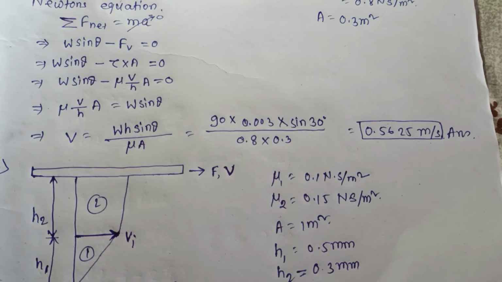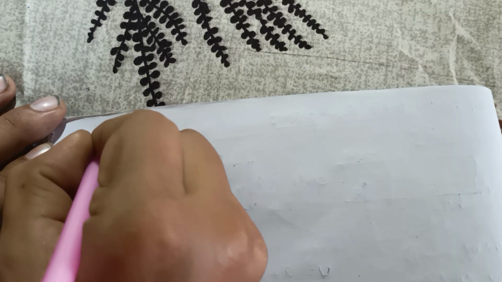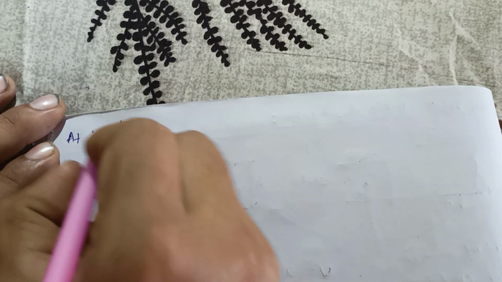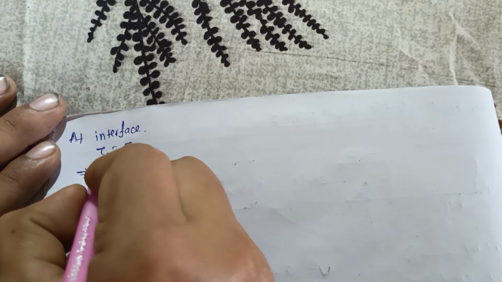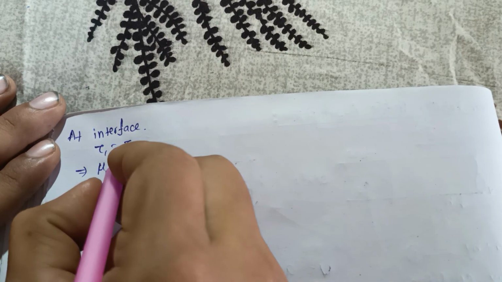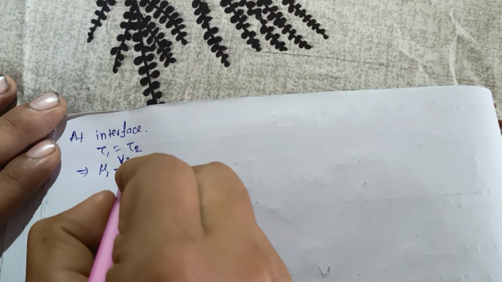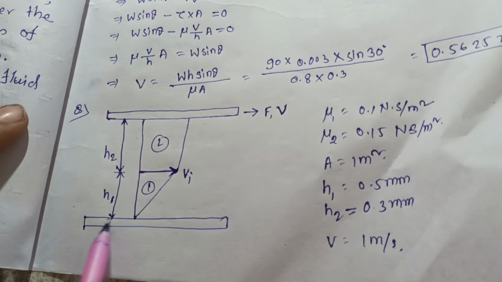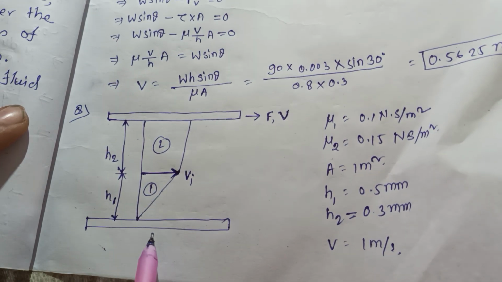Now let's calculate this. At the interface we can write tau 1 is equal to tau 2. Tau 1 will be mu 1 Vi upon h1, where Vi is the interface velocity. In this problem this plate is fixed and this plate is moving, so the relative velocity is Vi minus 0, that is Vi.